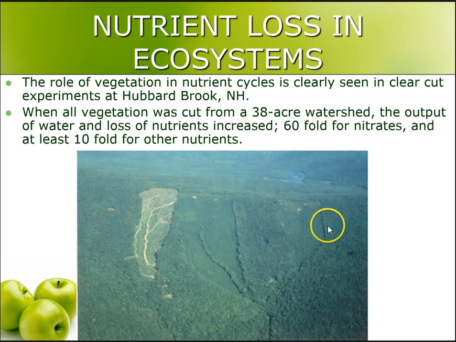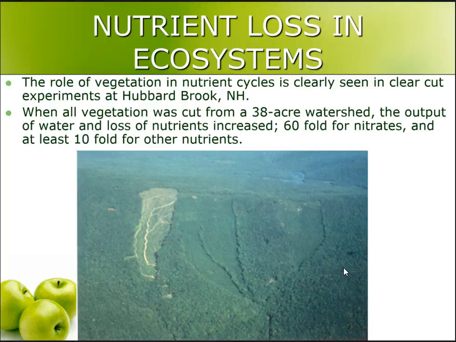You have this 38-acre watershed, and you can see here there's erosion lines, there's leaching, there's all kinds of stuff. Then you have this nice rich area over here. And so vegetation, plants, actually turn out to be really important to these biogeochemical cycles because they help hold nutrients in the soil and keep them available for plants. And that's kind of a cool thing.